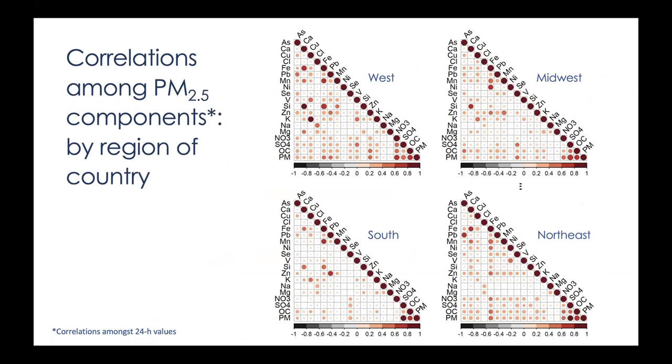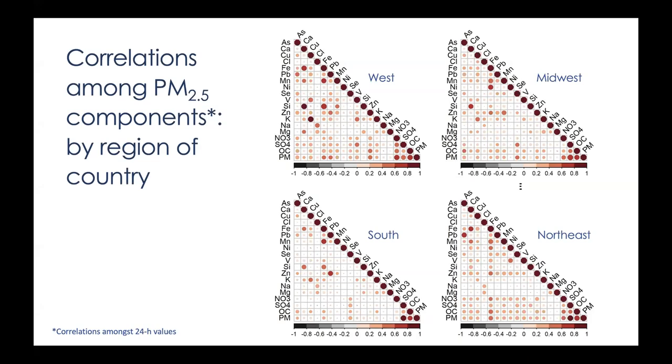It does so by region: the West in the upper left, Midwest in the upper right, South in the lower left, and Northeast in the lower right. The darker colors and bigger circles represent higher correlations, with brick red colors for positive correlations and shades of gray for negative correlations.